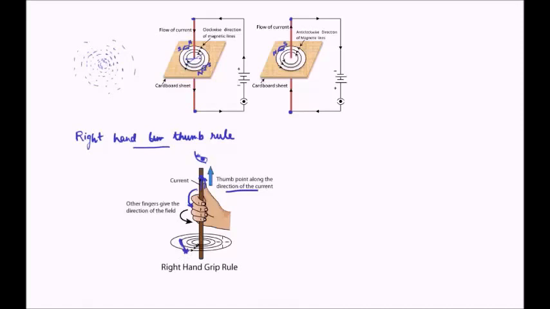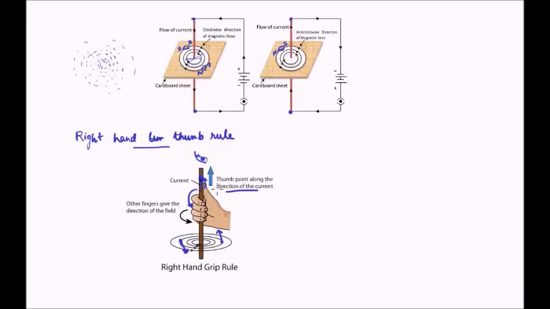Whereas, if we consider this point, the curling will take it in this direction, so now the direction of magnetic field will be in this direction. So this simple right hand thumb rule easily gives you the direction of the magnetic field produced due to a current carrying wire.